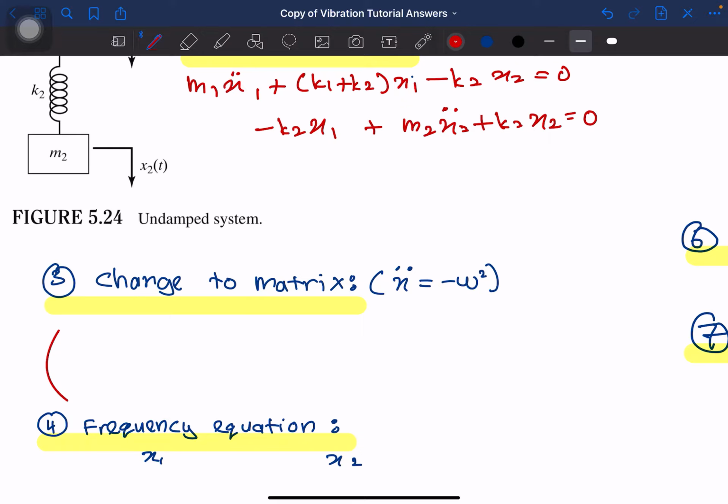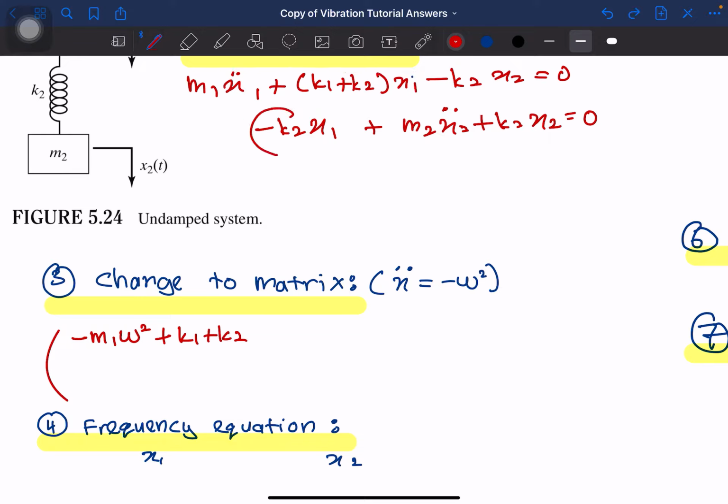So negative m1 omega squared plus k1 plus k2, that is for the x1 part.